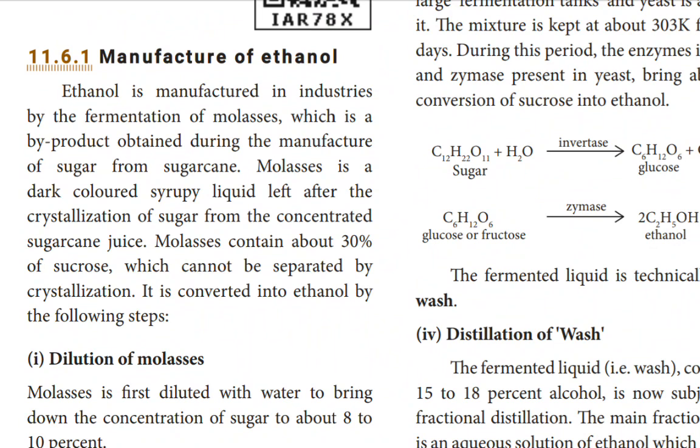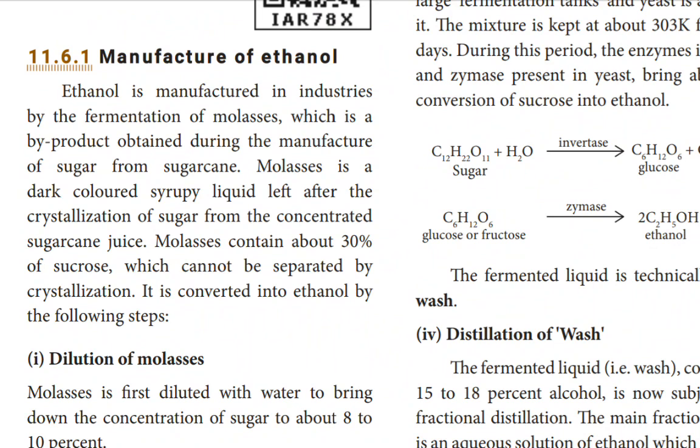In the sugar factory, the sugarcanes are cut into pieces and crushed into juice, and the juice is converted into crystals of sugar. Some of the sugar juice is unconverted, not able to turn into crystal form of sugar. That is taken for the manufacture of ethanol. That is called sugar molasses.